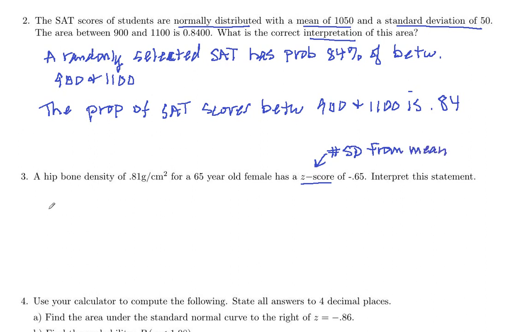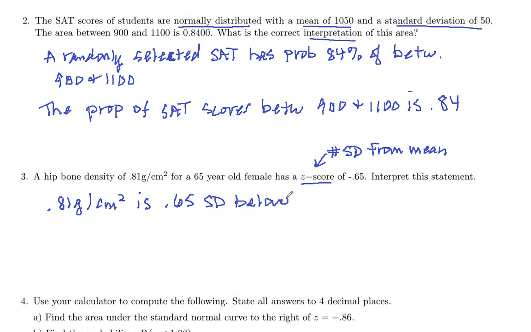So this is saying that 0.81 grams per centimeter squared is 0.65 standard deviations below the mean, because it's a negative z-score.